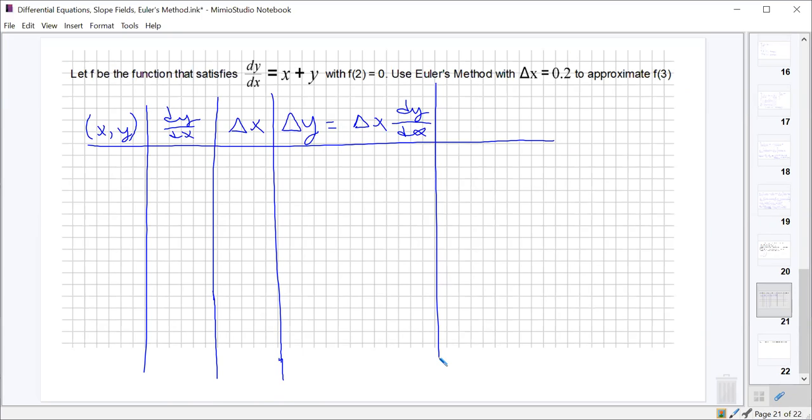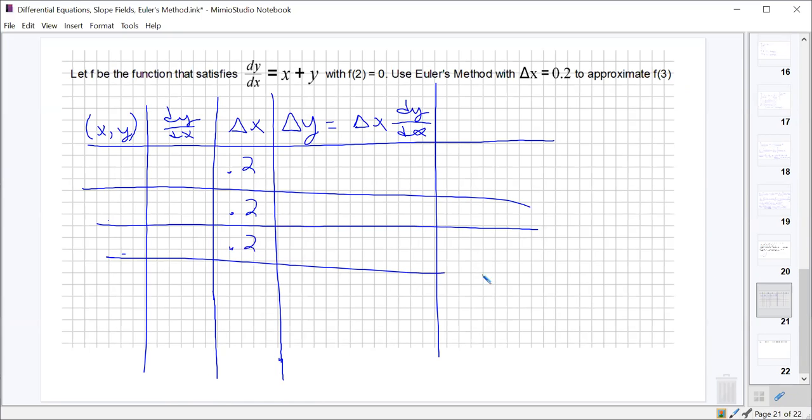So you're going to take your x and your y to find your dy/dx. You're going to write out your delta x every time as 0.2. Use that every time to find your delta y. And once you have your delta x and your delta y, you'll just add those to your original point and put them down in your new point. Does that make sense to everybody? So we'll go through and do it together.